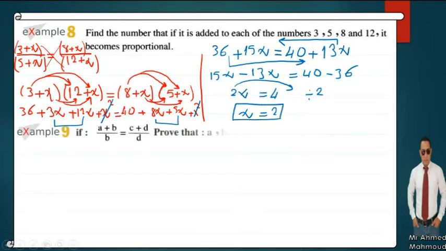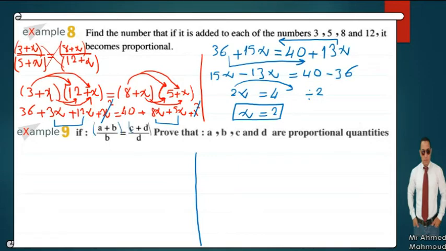The next example: if (a + b) over b equals (c + d) over d, prove that a, b, c, and d are proportional quantities. Okay. Here I will make a cross multiplication: d times (a + b) equals b times (c + d).